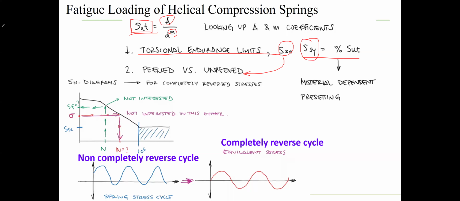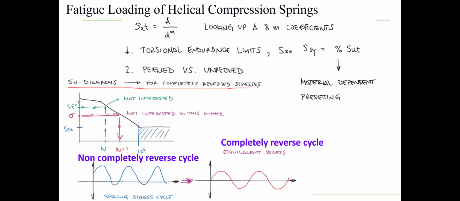So that's a recap of what we already learned for the fatigue criteria, the S-N diagram. If you still remember, the S-N diagram is only valid for completely reversed stresses.